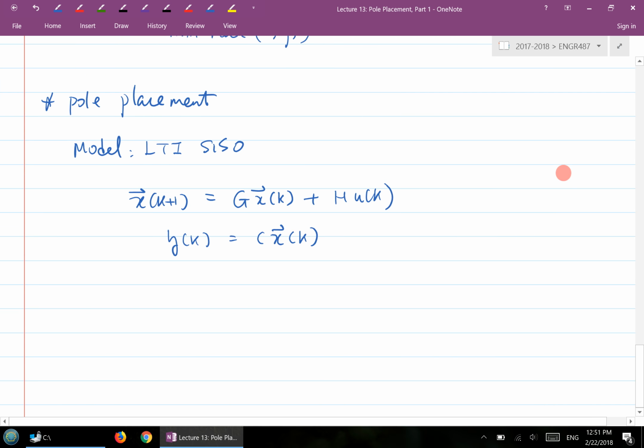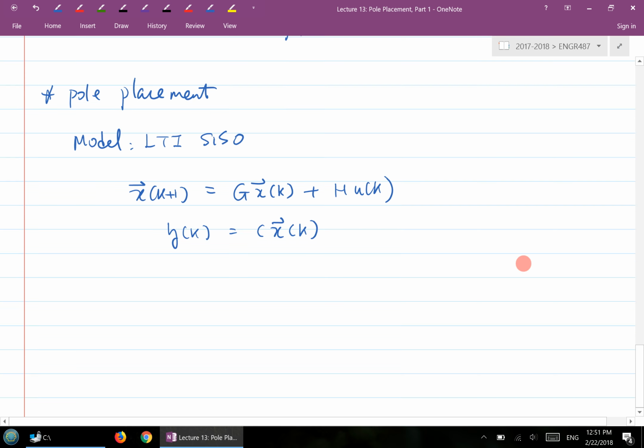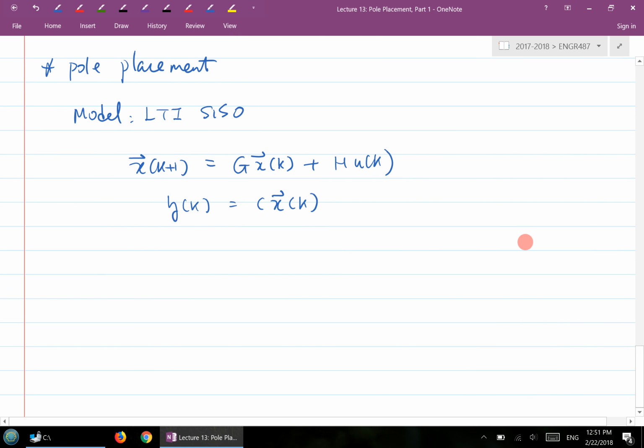First step before we talk about pole placement: if this is the system here, let's sketch the system using the idea of the simulation diagram. Here's your input, which is u of k, and here is your output.